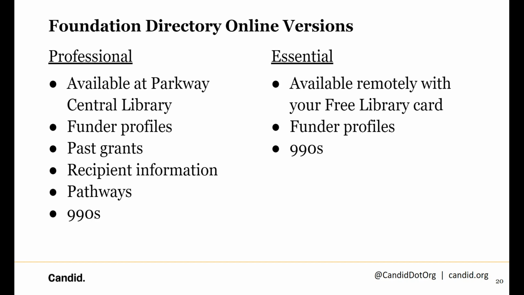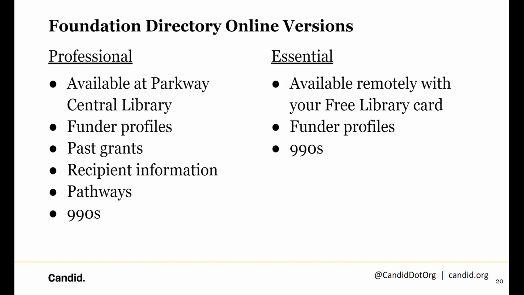So what I find that a lot of people have started doing now that we've reopened is that they'll do some initial searching in the Essential version, get their initial prospect list together, and then they'll come into the Parkway Central Library and do a deeper dive on their prospect list using the Professional version.